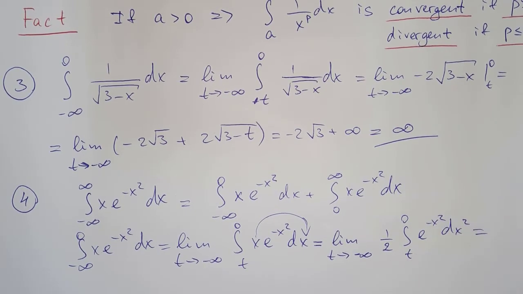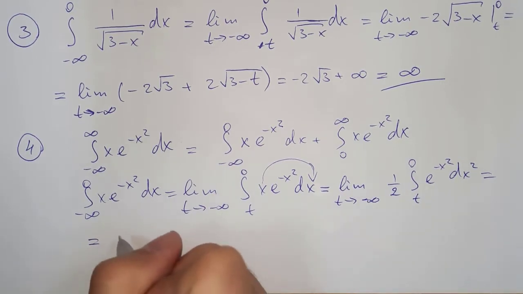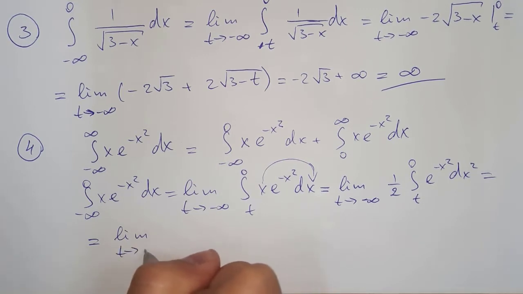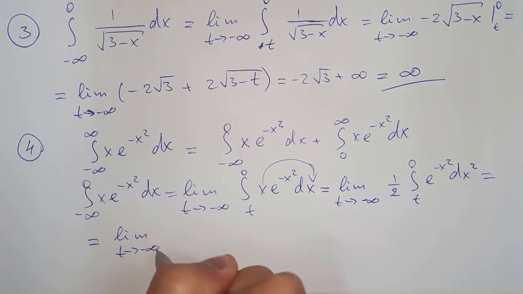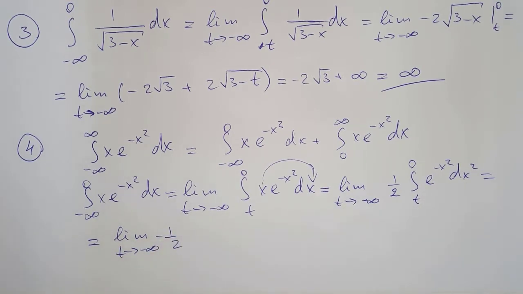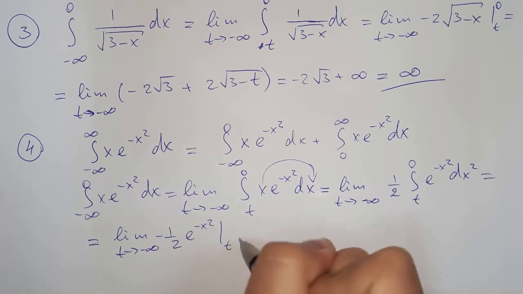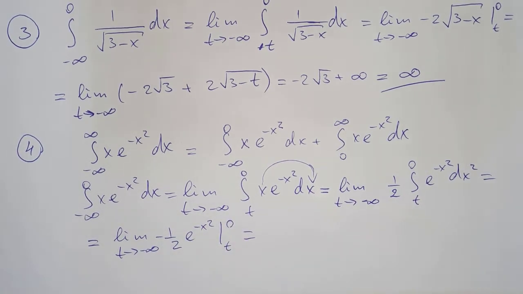And if we continue, it will equal the limit as t tends to minus infinity of 1/2, but we have again minus e to the power of minus x², evaluated from t to 0.